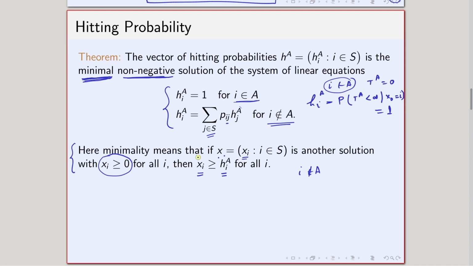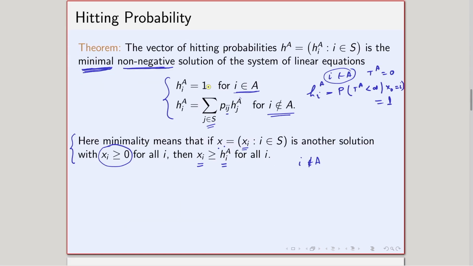If this condition is satisfied, then we say H is minimal. H is non-negative because all the H_i^A are greater than or equal to 0, and that particular solution of this system of equations I am going to take as the values of H_i^A, which give the probability of hitting the set A starting from the state i.